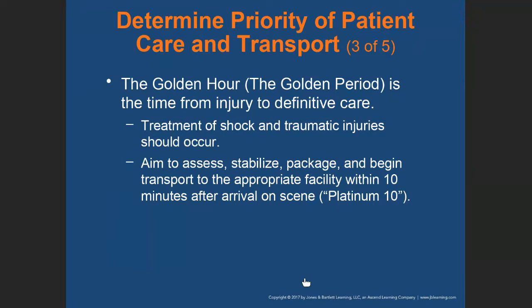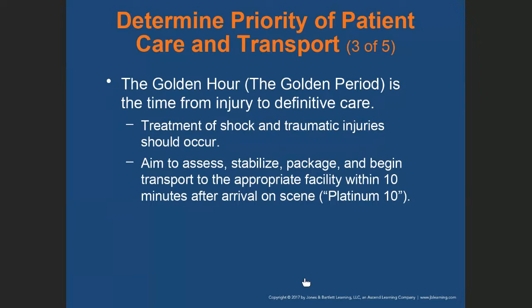The ideal time for all of that to occur, we want that to happen within 1 hour or as soon as possible, because there are situations in which you can exceed the 1 hour depending on whether or not the patient is trapped on the scene or ALS is present and they can do what is necessary to fix the problem.